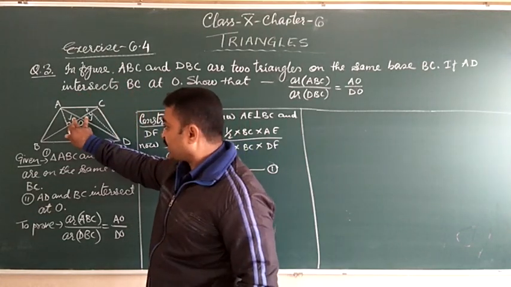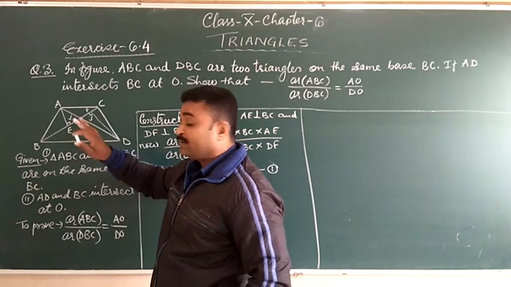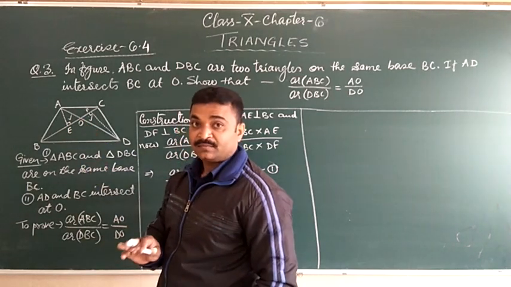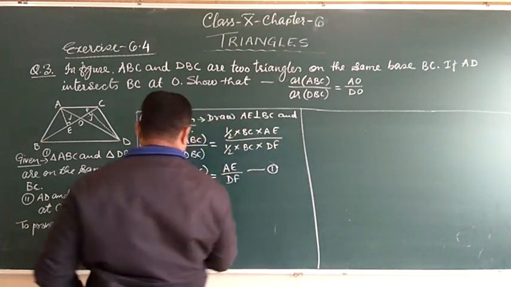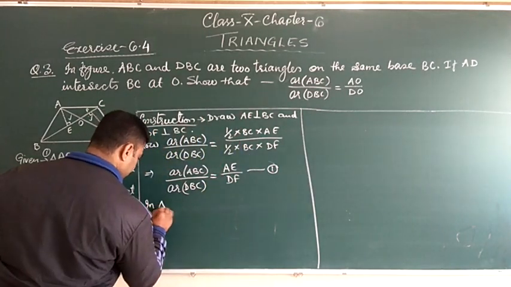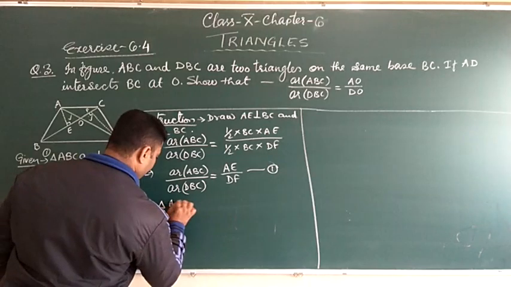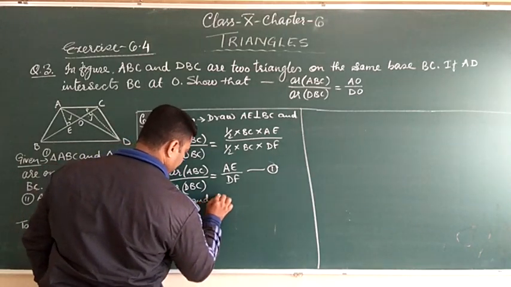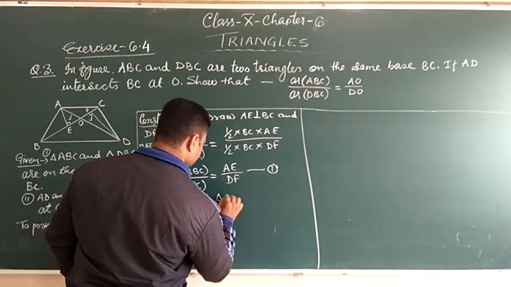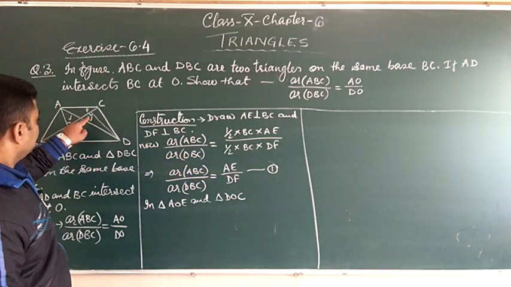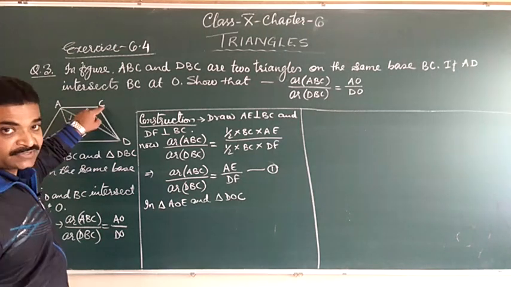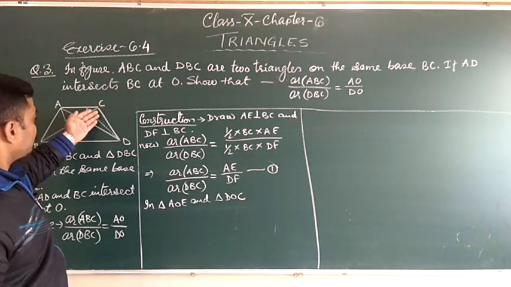So we have to take these two triangles and make them similar by a criterion of similarity. So in triangle AOE and triangle DOF, see, DF is perpendicular to BC and AE is perpendicular to BC.